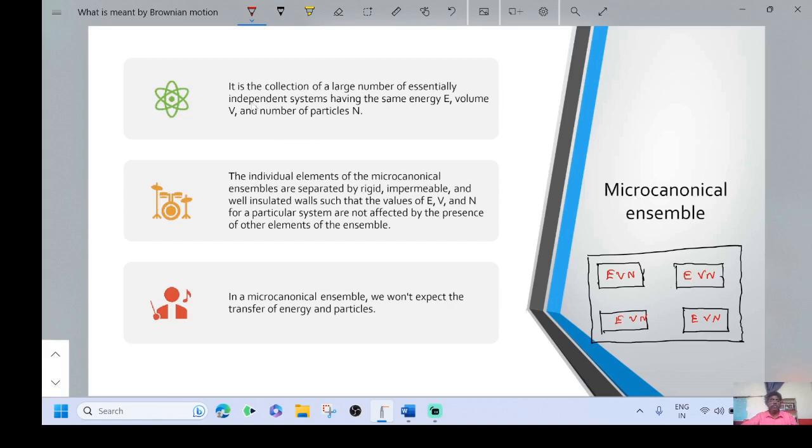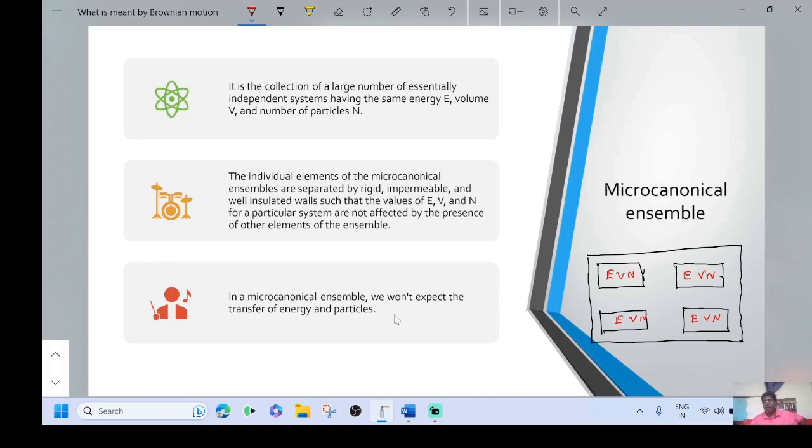Microcanonical ensemble. It is a collection of a large number of essentially independent systems having the same energy E, volume V, and number of particles N. The individual elements of a microcanonical ensemble are separated by rigid, impermeable, and well insulated walls such that the values of E, V, and N for a particular system are not affected by the presence of other elements of the ensemble.